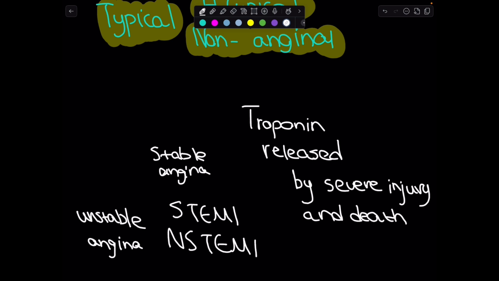Unlike ST elevation in STEMI, which indicates full-thickness ischemia from complete blockage, ST depression, along with T-wave inversion, suggests myocardial strain or injury, but is less specific than ST elevation for acute infarction, often prompting further tests like troponin levels to differentiate unstable angina from NSTEMI.